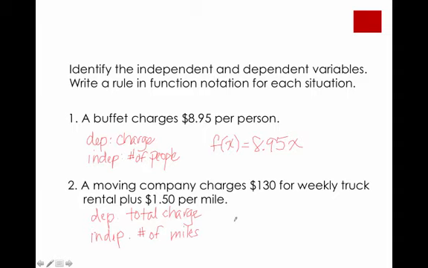Okay, and how will I write that as a function? F of x equals, so I've got this weekly charge no matter what, so $130 plus my output depends on how many miles. Remember, my independent variable is the number of miles, and each one of those miles is $1.50, so it's $1.50 times x.